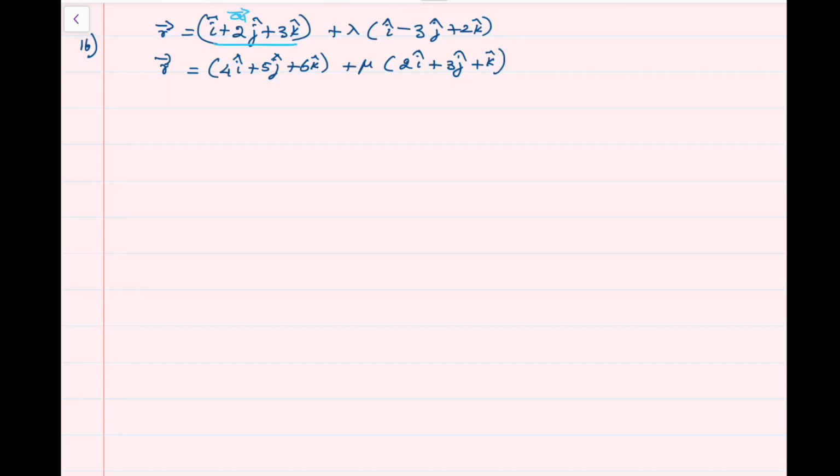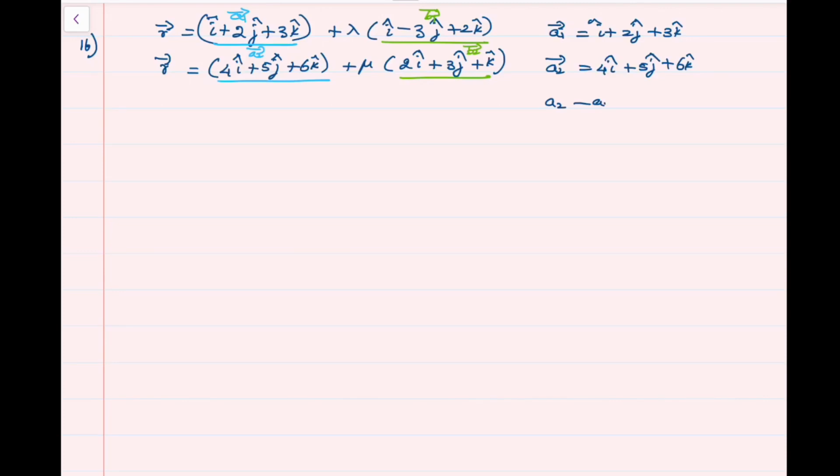From the first line, this is vector a1, and from the second line, this is vector a2, and vector b1 and vector b2. Vector a1 is i plus 2j plus 3k, and vector a2 is 4i plus 5j plus 6k.